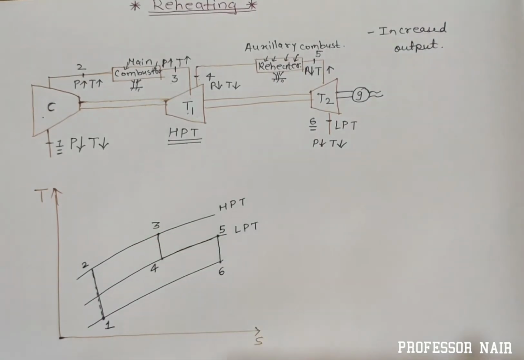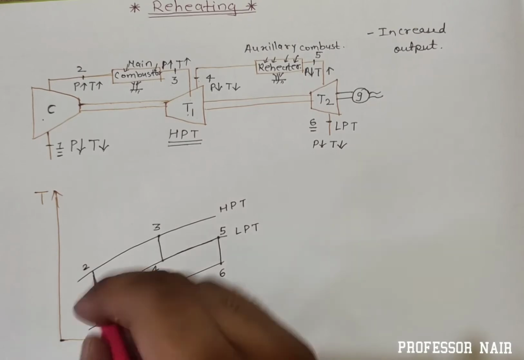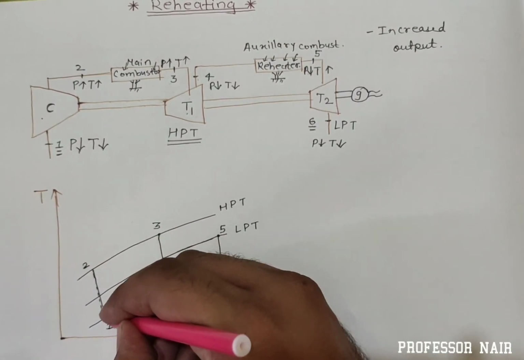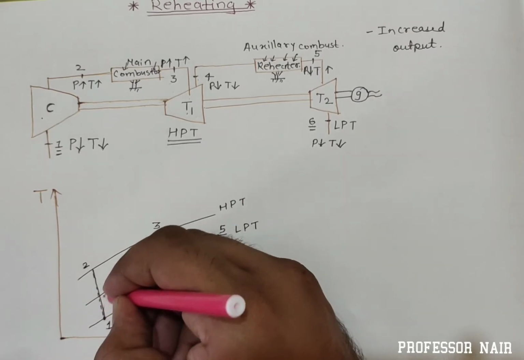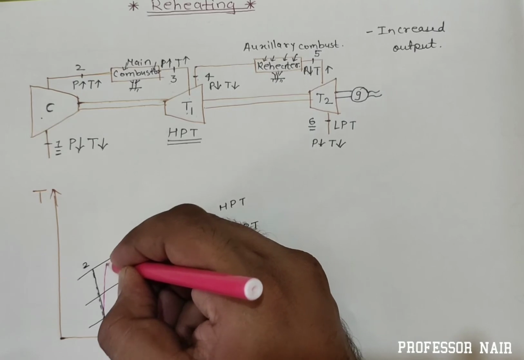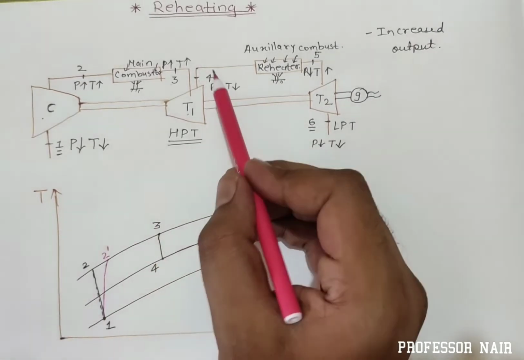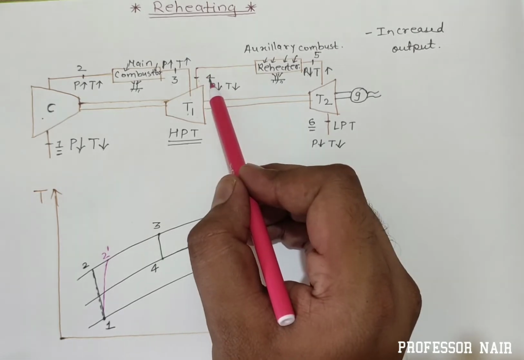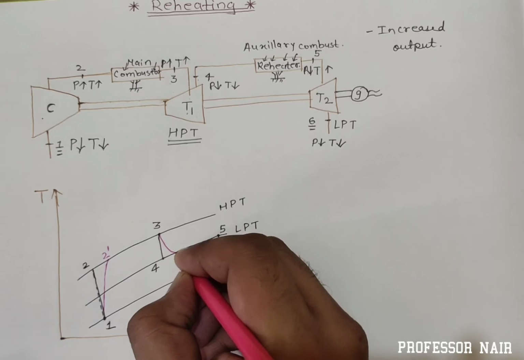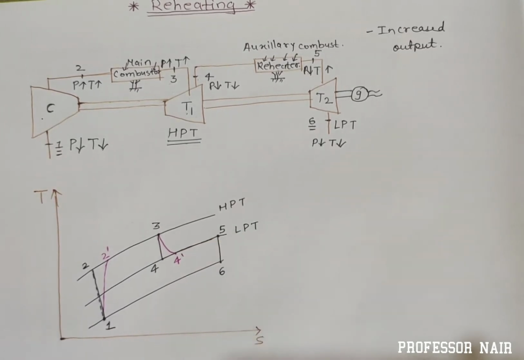Okay, no problem. But you know that actually your temperature increases, right? So 1 to 2 would be the ideal process, but actually this point would be 2 dash. Similarly 4 here would become what? 4 dash. Correct?